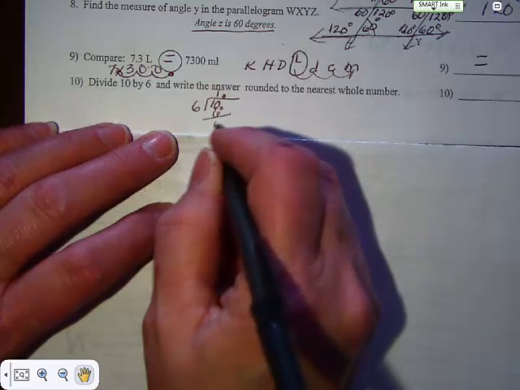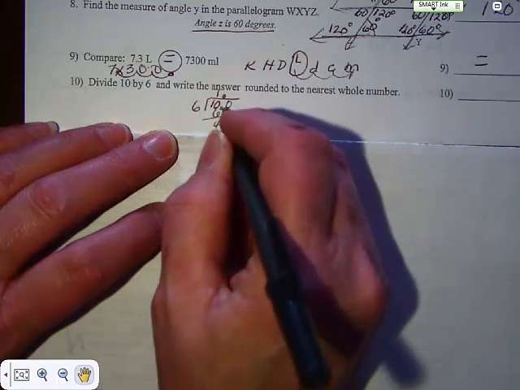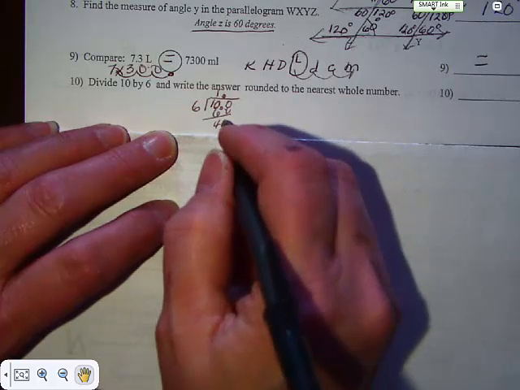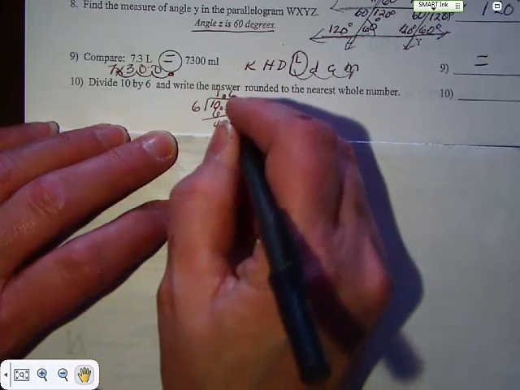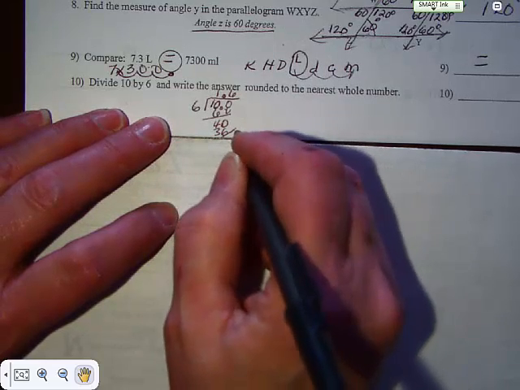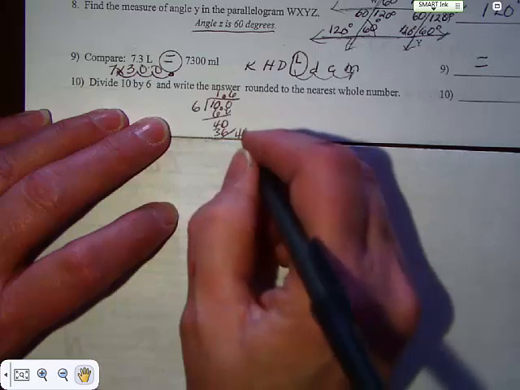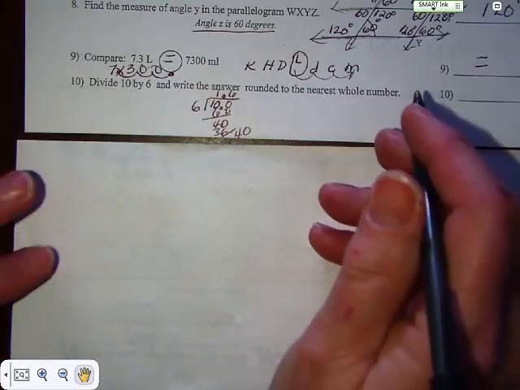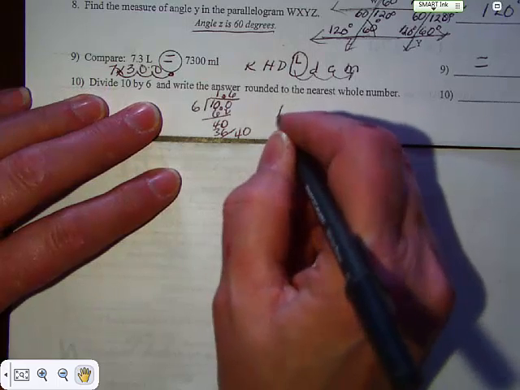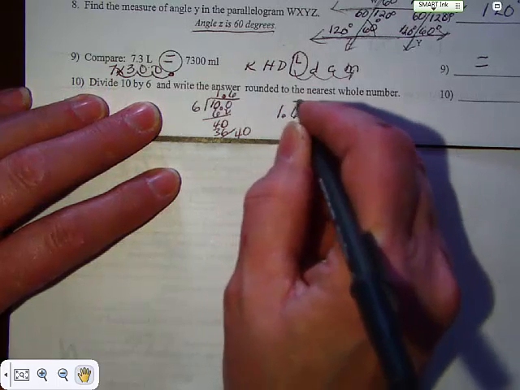Subtract, 4. You got another 0 coming down here, and you put a 0. 6 goes into 40 6 times. 36. Look at that, you have 4 again. So it doesn't take very long to see that there's a pattern on this one. And if you were to write this as a decimal, it would be 1.6 repeating.